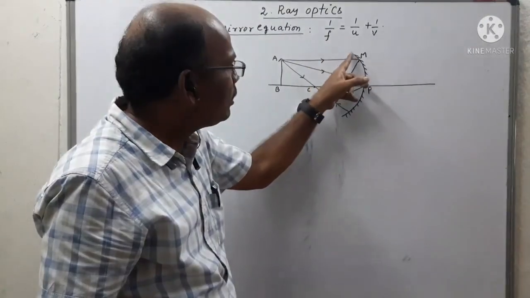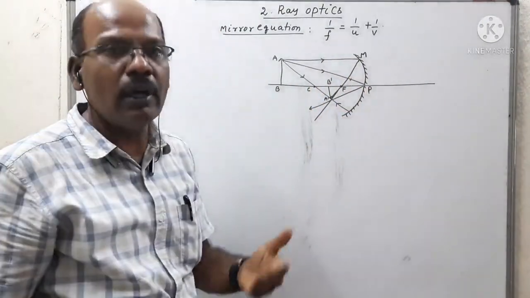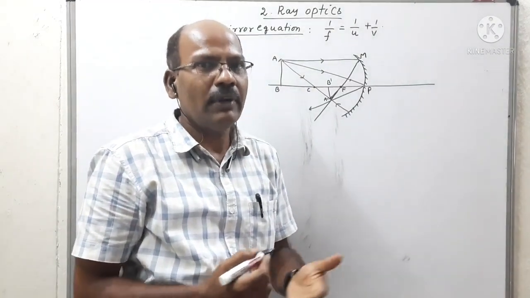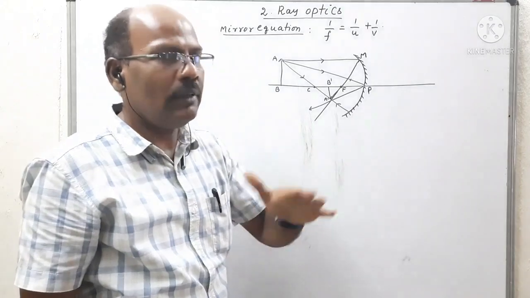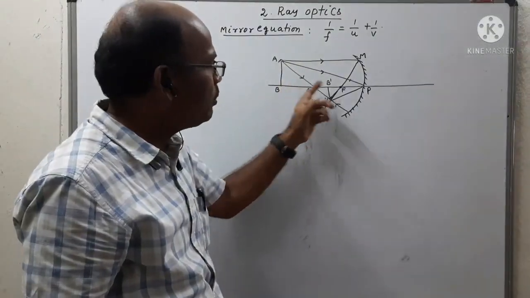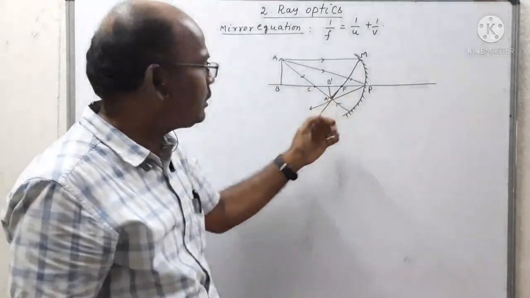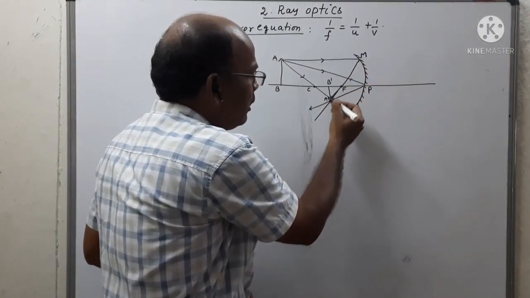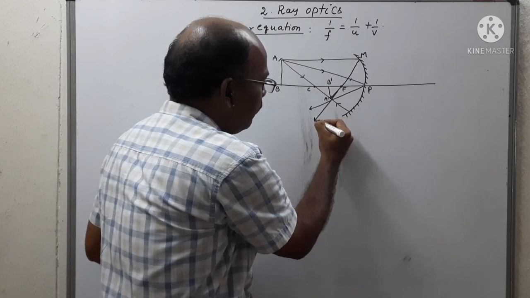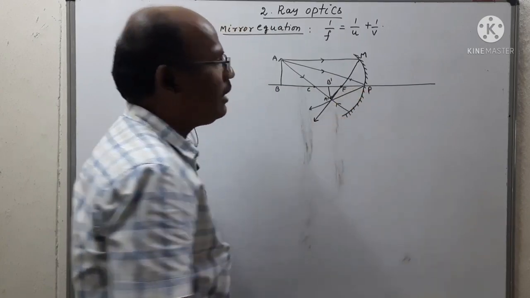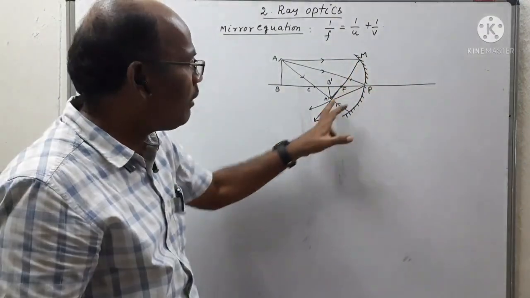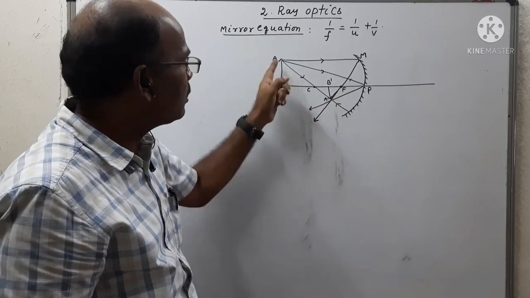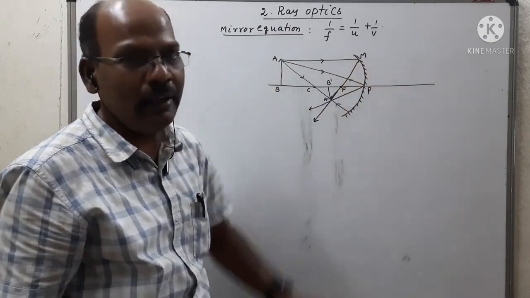When it strikes the reflecting surface of the concave mirror, according to the rules of ray diagram, a ray that strikes the reflecting surface parallel to the principal axis always passes through the principal focus. So after reflection, the ray is passing through the focus. MF is the reflected ray which is passing through the principal focus, of the incident parallel ray AM.